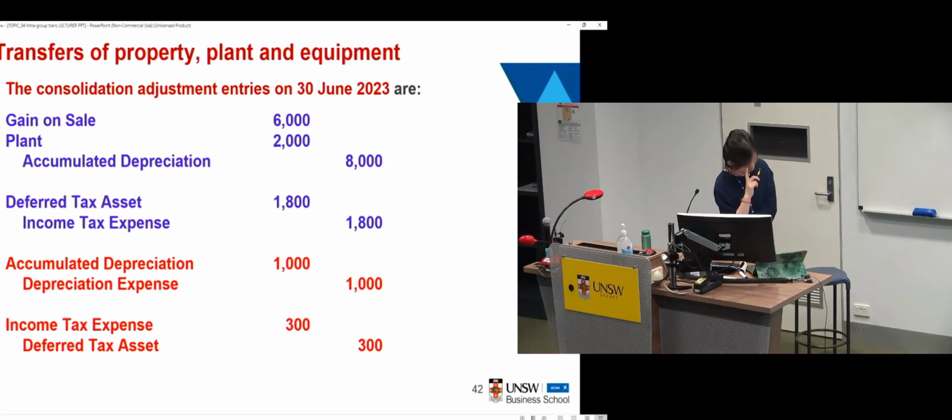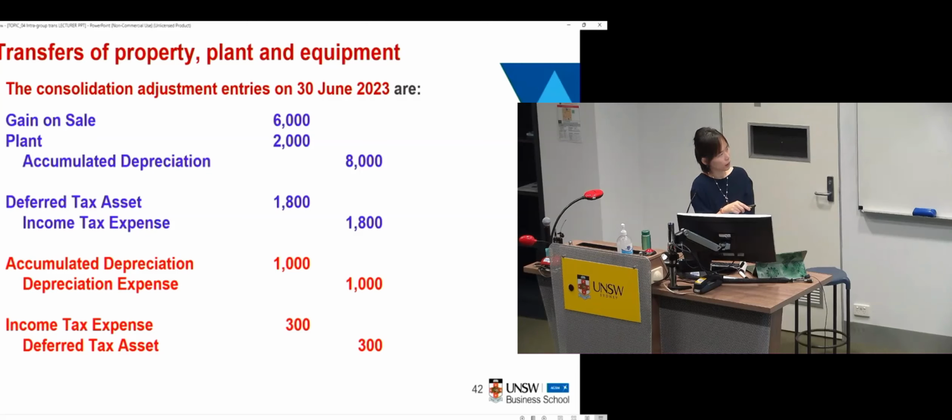What about 24? Well, apparently this transferred item has a continued effect on the following year consolidated accounts because this item is still within the group, right? It's still within the group. So what is our adjustment on the following year worksheet? The gains on sale, the ITE, close to retained earnings, right?